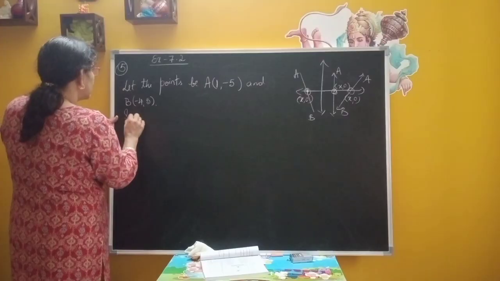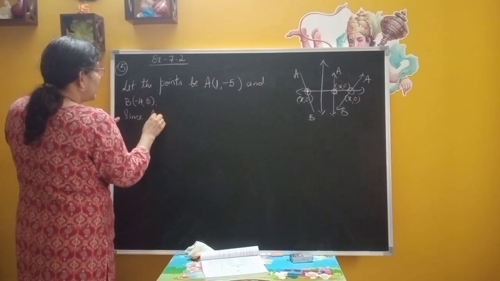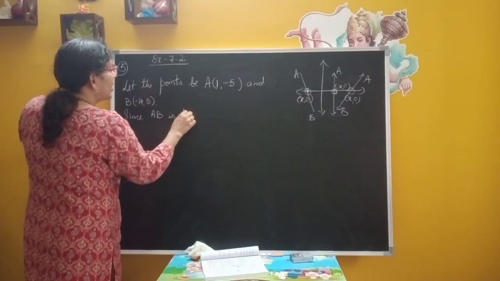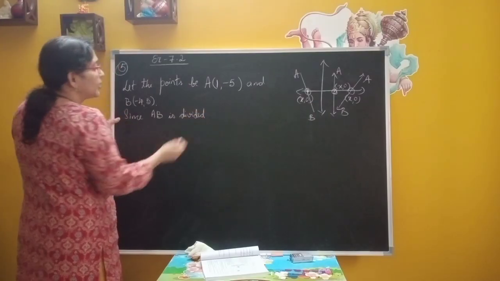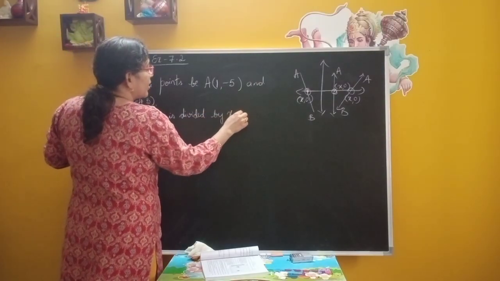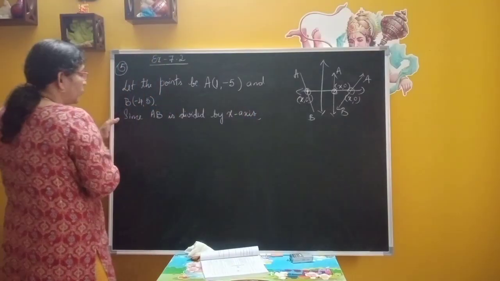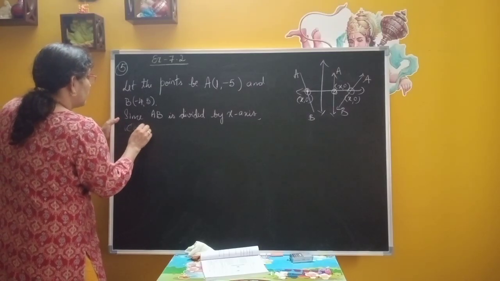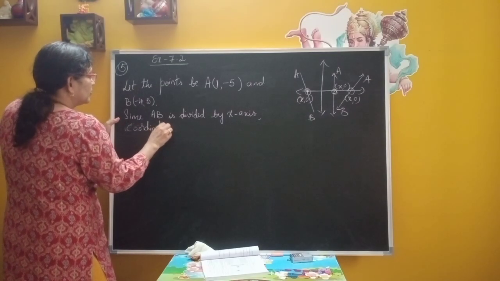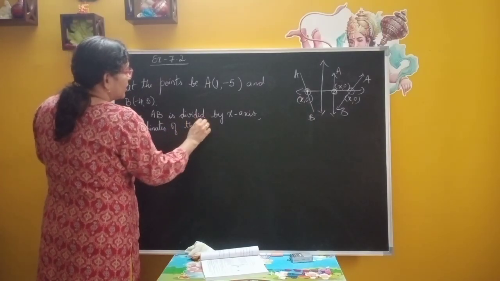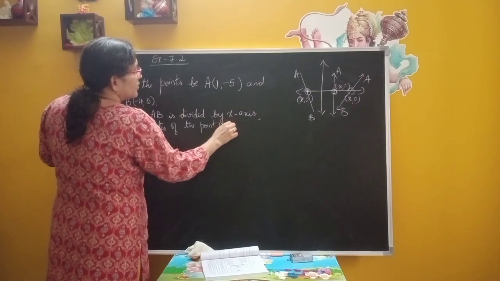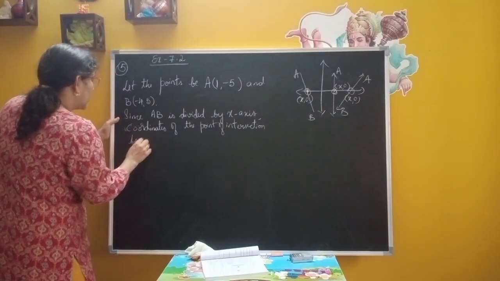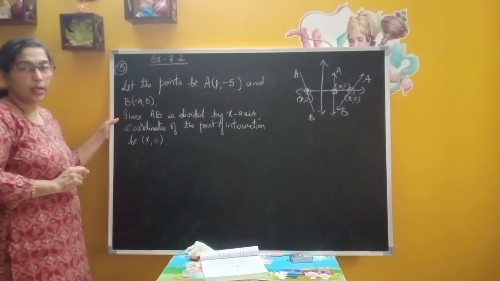Since the line AB is divided by the x-axis, the coordinates of the point of intersection will be (x, 0).